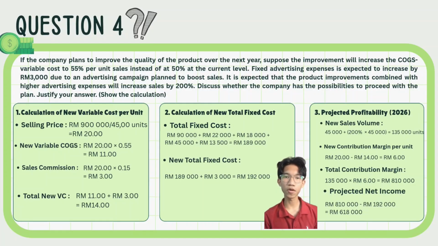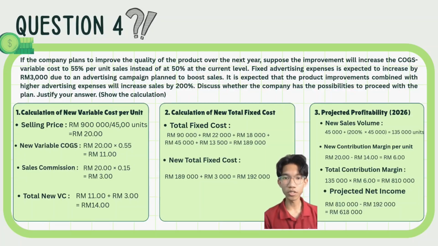The new sales volume is 45,000 plus a 200% increase in sales, multiplied by 45,000, equals 135,000 units. The new contribution margin per unit is 20 ringgit minus 14 ringgit, and we got 6 ringgit.